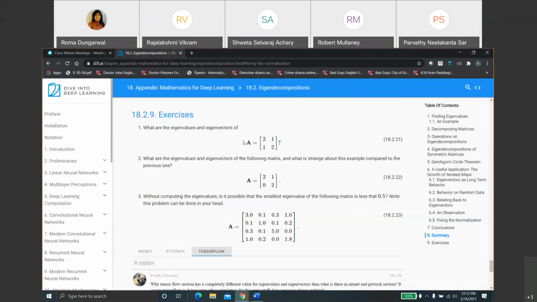I'll give you until 12:20. Find out the eigenvalues and the eigenvectors and tell me the answer, or else tell me if you're not able to solve it. Remember the formula for eigenvalues: determinant of A minus lambda I equals 0. And for eigenvectors, once you find the lambda, A v equals lambda v.